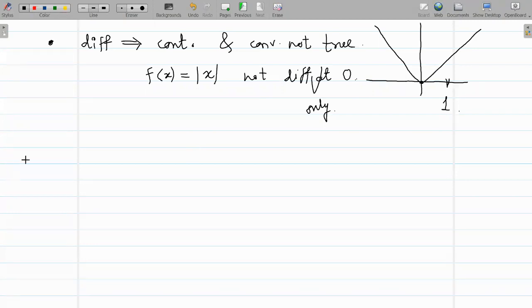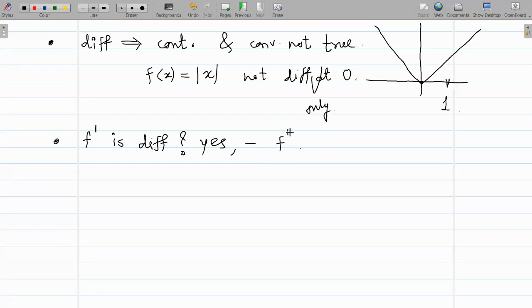Moving ahead, continuity is not going to guarantee differentiability in general. Then I can ask some more things, like higher order derivatives. Once you have a function differentiable once, I can ask whether f dash is differentiable. If the answer turns out to be yes, then I can talk about f double dash, the second order derivative of the function, and so on.